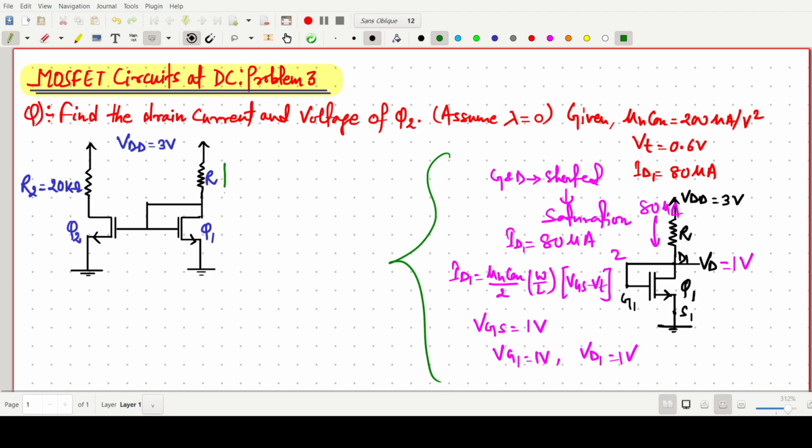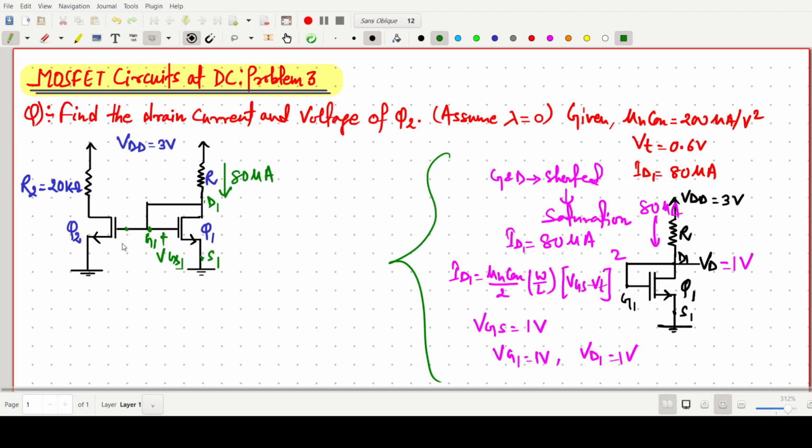So one can say simply this current is nothing but simply our 80 microampere, and this gate to source voltage VGS1, that is our, this one is our gate 1, drain 1 and source 1. This is our gate 2, drain 2, S2.